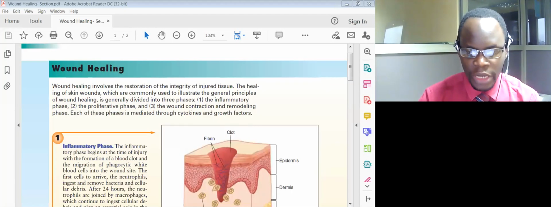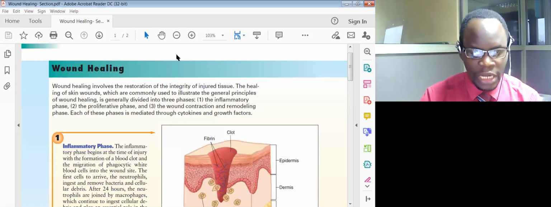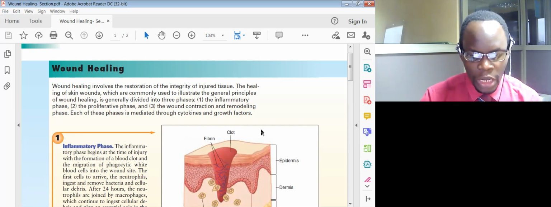So, new share. Let me share this with you. This is a document highlighting the different phases of wound healing.